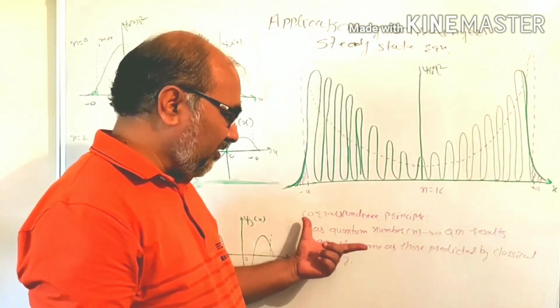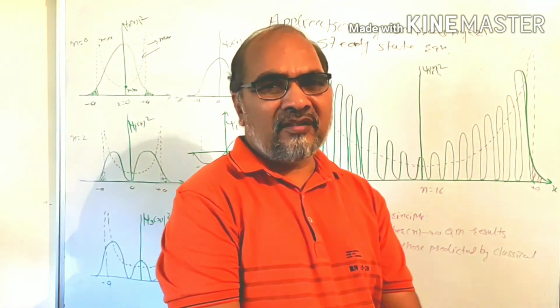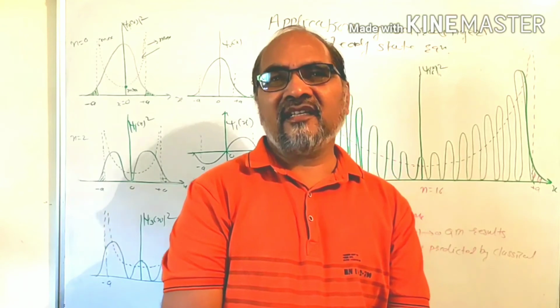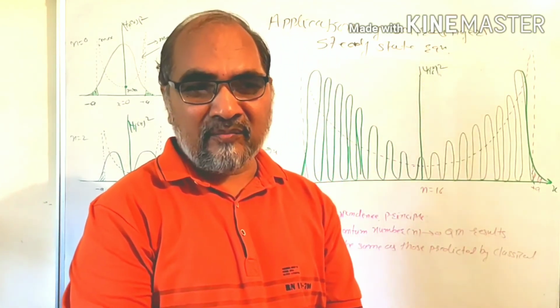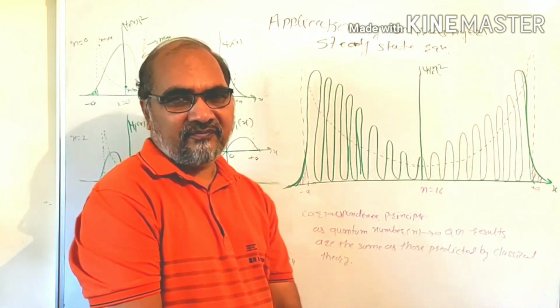So in large numbers, quantum mechanical results and classical results are the same, and this is the correspondence principle.